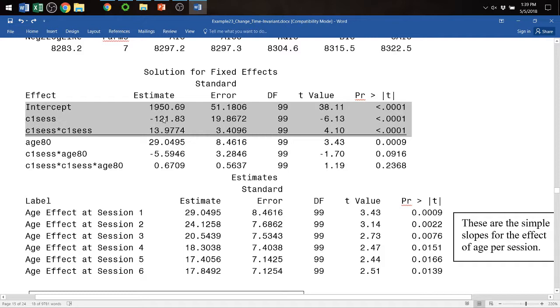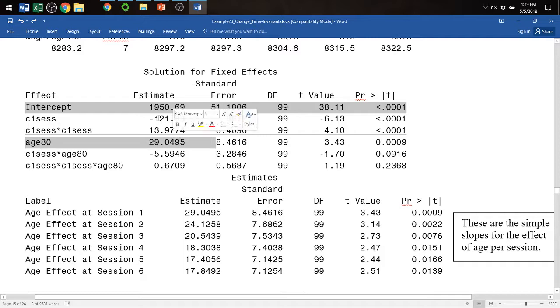So the pattern is less negative as time goes on. And so one easy way, relatively easy, to interpret the effects of age is to talk about what age does to each aspect of the growth curve. So if we start with the intercept, it is 1950 milliseconds for an 80-year-old. The intercept is also specific to session 1, given the effects of time.